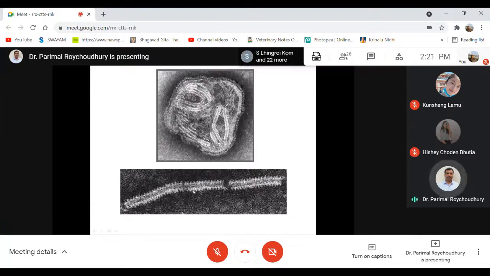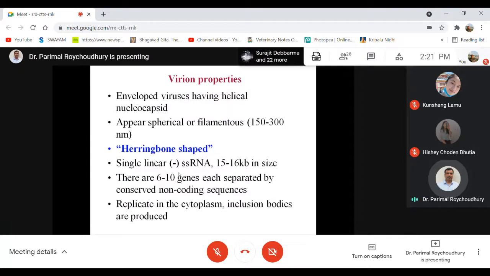In a close picture, it looks just like the spine of certain large sea fish, the herring fish bone, the skeleton, how it looks. This is the appearance under the electron microscope. This word is very commonly used, and we also commonly ask in examinations what you mean by herringbone-shaped nucleocapsid, or in which virus the nucleocapsid structure is herringbone-shaped. Please note it down.